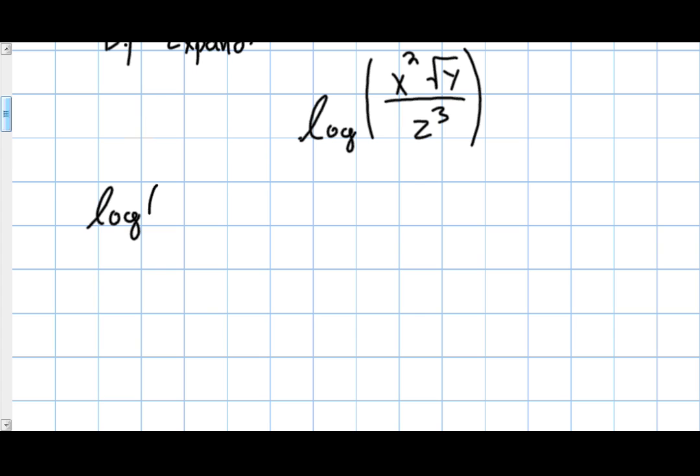So here we have log of x squared times the square root of y. Well, instead of timesing them or multiplying them, let's just add them together. And then finally for z cubed, well, that one's in the denominator, so we're going to have to subtract it.